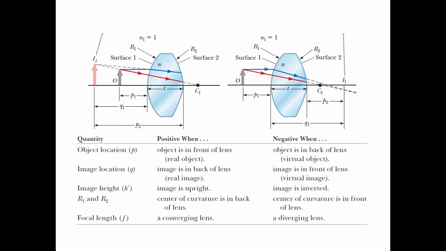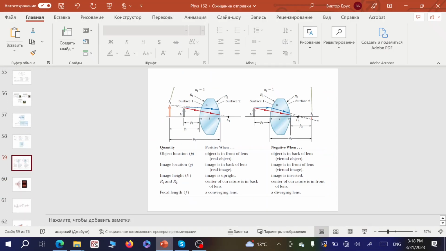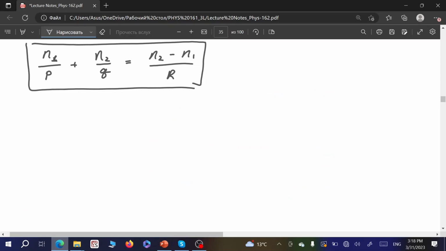So let us do some calculations here. Come back to the whiteboard. This is our equation for the interface between two optically transparent media. That was not for a one-sided lens, that was for the interface between air and glass.